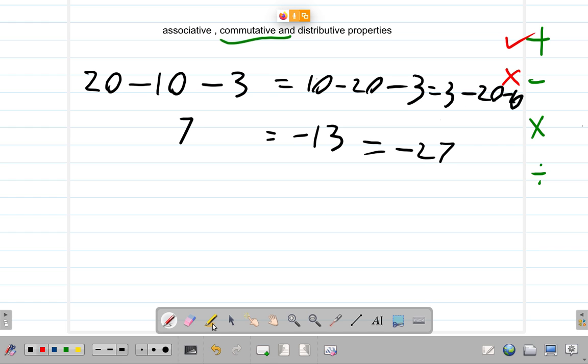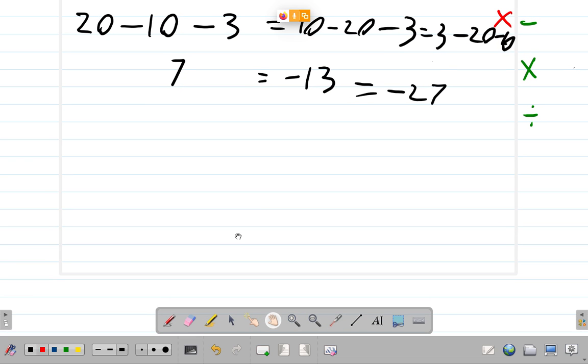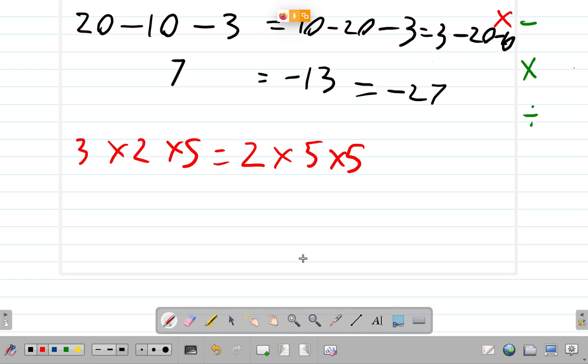What about multiplication? Is multiplication commutative? Let's try. Suppose we have 3 times 2 times 5. Is it equal to, let the 2 go to the left, times let the 5 go from the right to the middle, and 3 goes to the right?